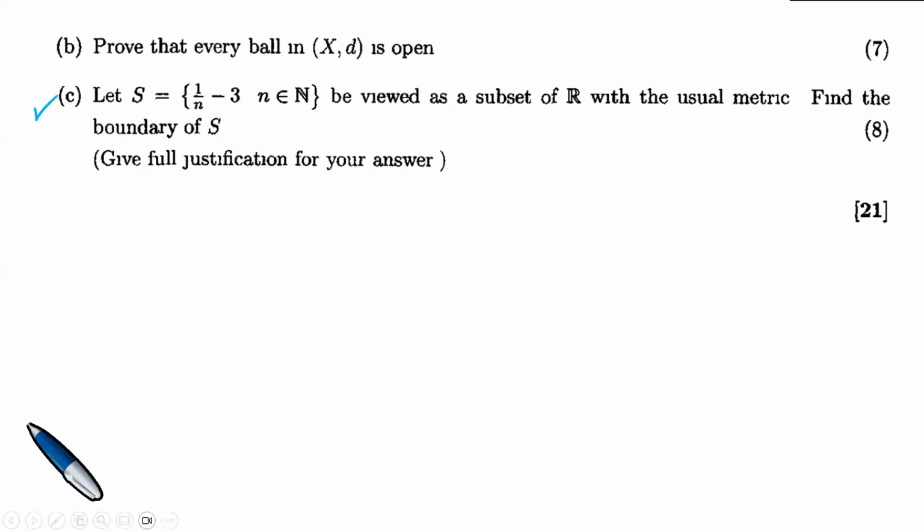Now, I want us to look at C. Let S be equal to 1 over n minus 3, such that n is an element of the natural numbers, be viewed as a subset of the real numbers with the usual metric.